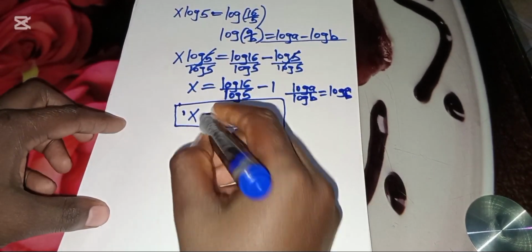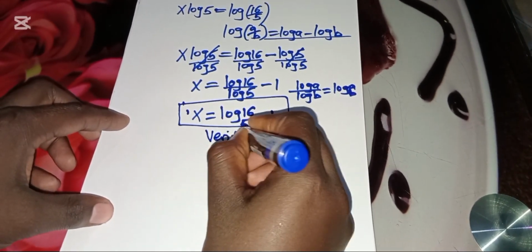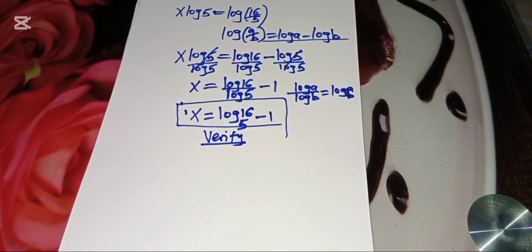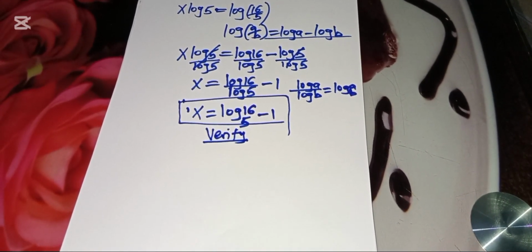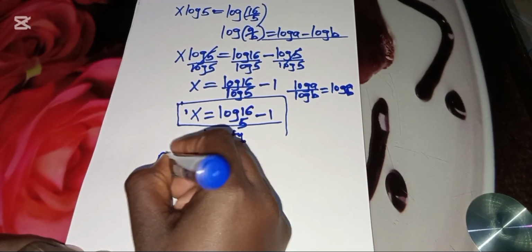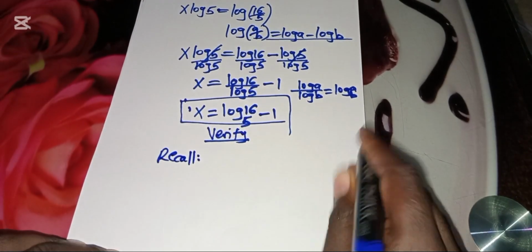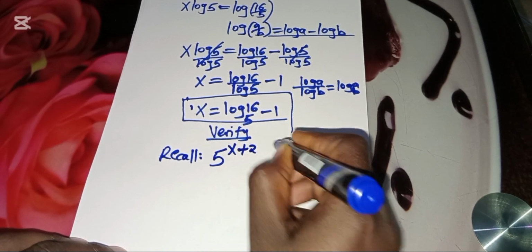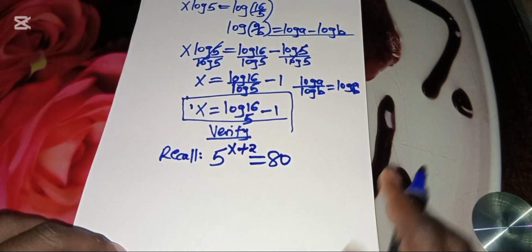And let us verify if this value of x satisfies the equation. Now as you recall, 5 raised to power x plus 2 is supposed to give us a value of 80.